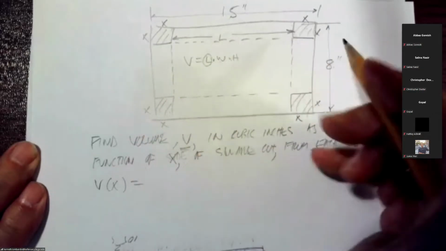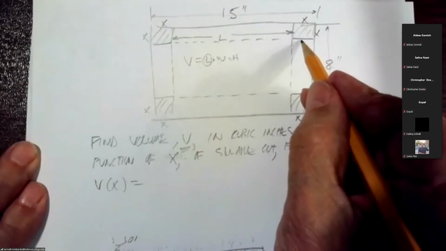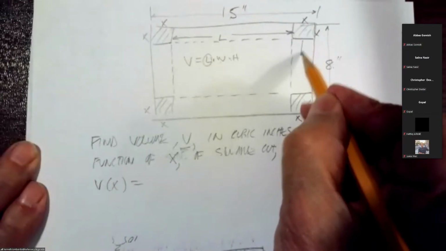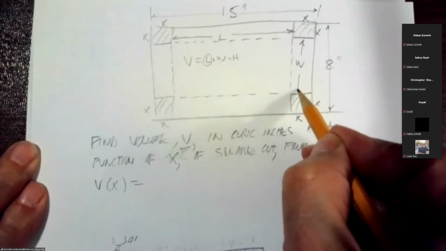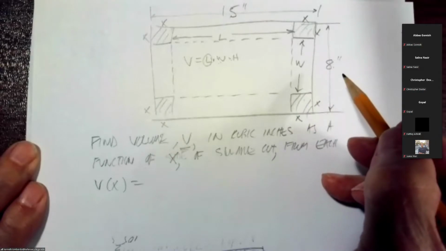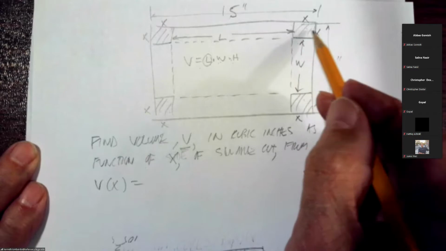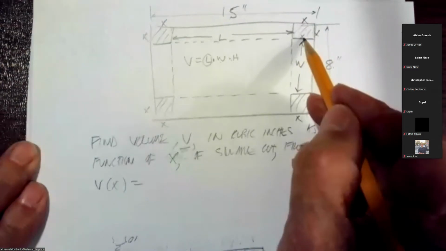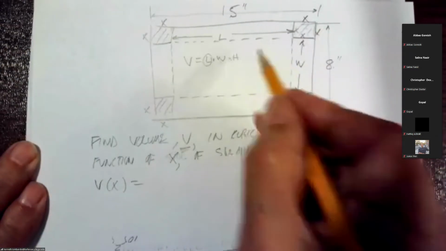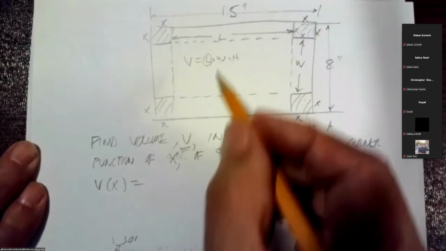And this width here is this width that goes along here. And then the height is going to be this x value, isn't it? Because that's going to be an x and that's going to be an x. So the height is going to be the x value.